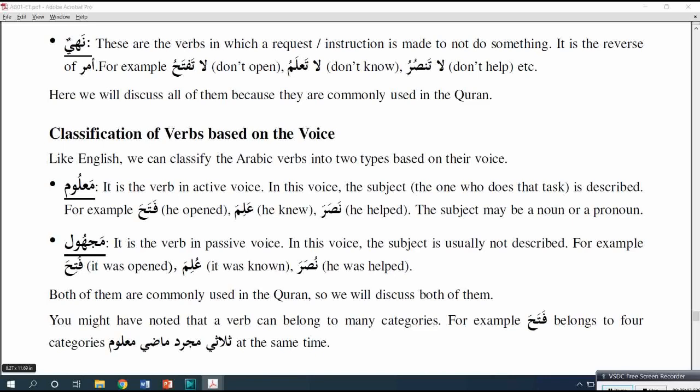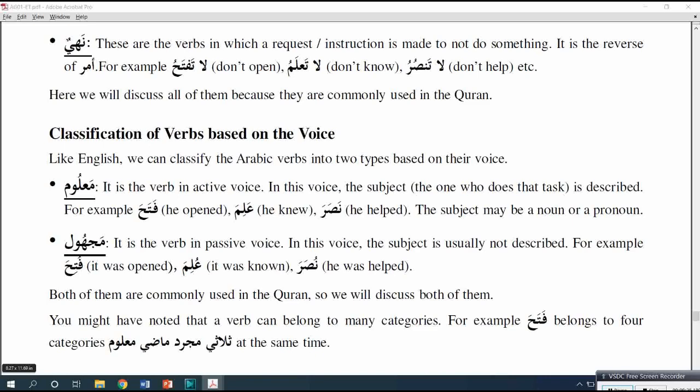So please note that the same word in a different form has a different meaning. Nasara means he helped. Nusara, he might be helped. Alima, he knew it. Ulima means it was known, but it is not very clear by whom. So these are the differences in types of words in that way.